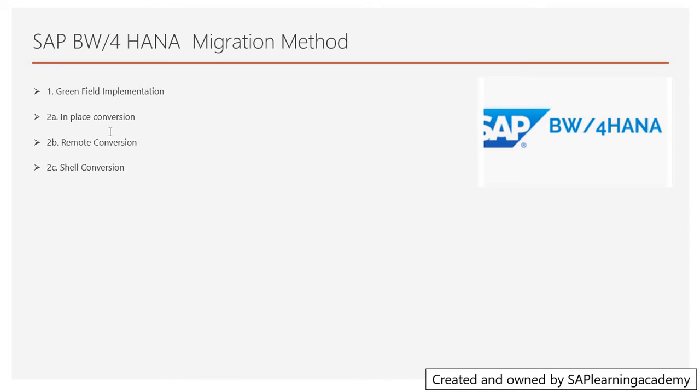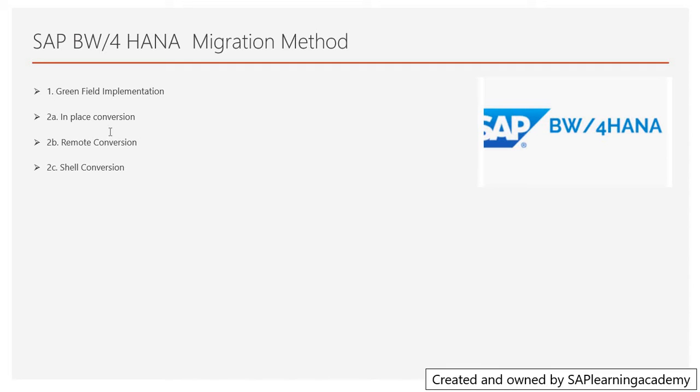There are mainly two paths of doing that. Suppose you want to do a fresh implementation or fresh start. Suppose you do not have any existing system, so you want to start a new system, you can do that in BW4HANA.